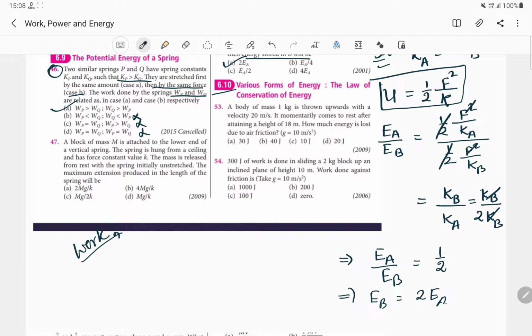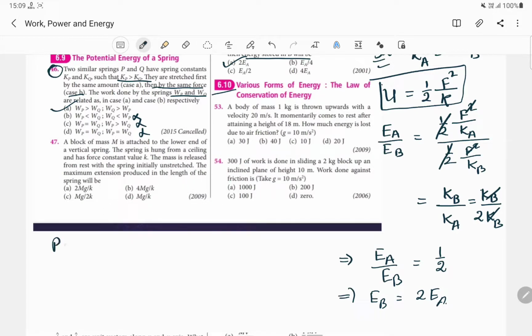The second topic we have discussed is energy, and in this energy concept we have discussed potential energy and kinetic energy. The last part will be power. We will be discussing questions based on power, and let us discuss what power is. This will be the last part of our work power energy theorem.